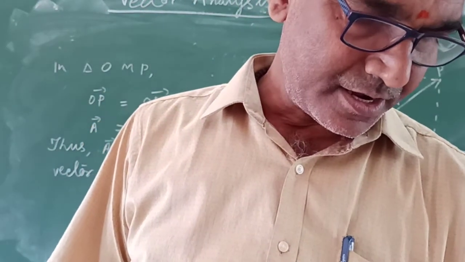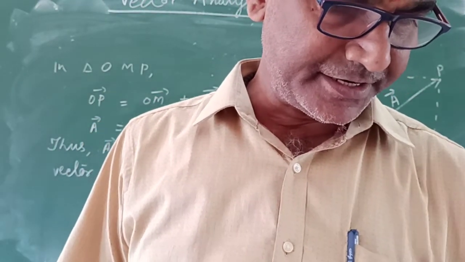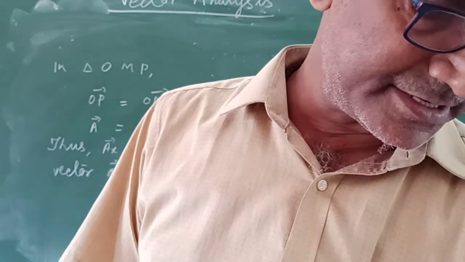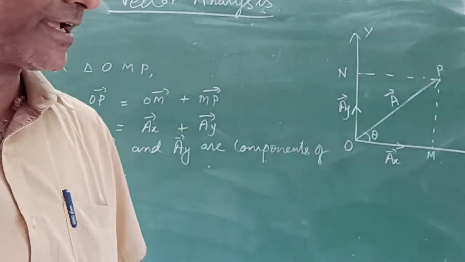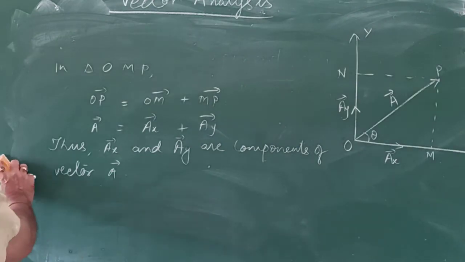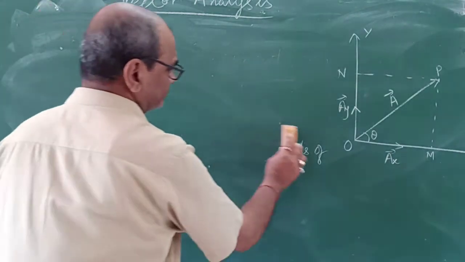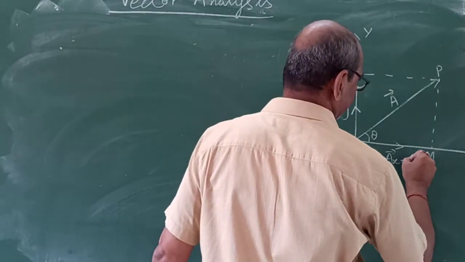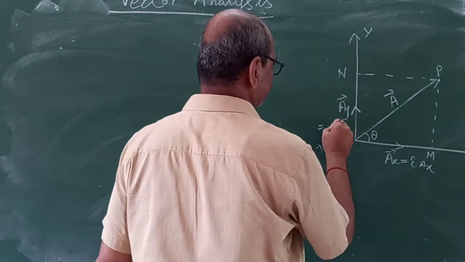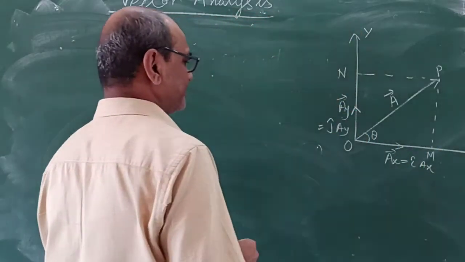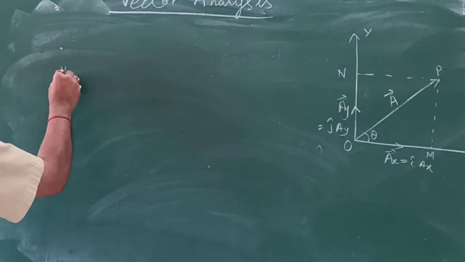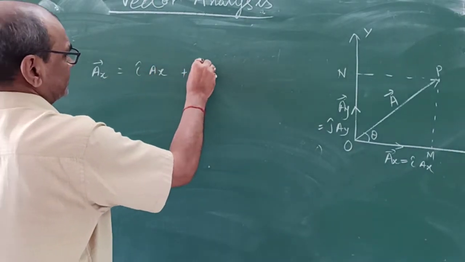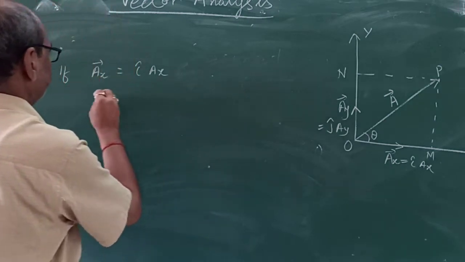Now we write in terms of unit vector. If vector AX is equal to i cap AX, and AY is equal to j cap AY, then vector A is equal to i cap AX plus j cap AY.